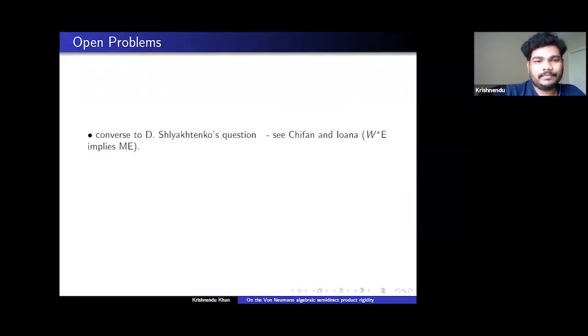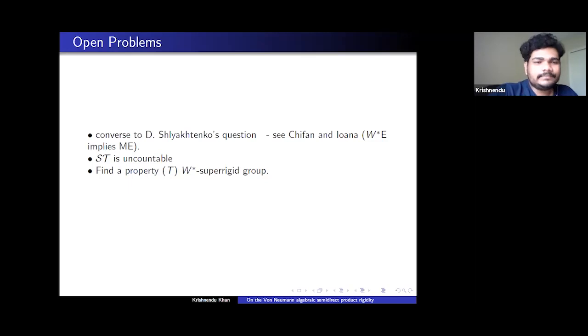The first open problem that we're going to pose is the converse to Dimitri's rectangle question, that W-star equivalence implies measure equivalence. That question was in the paper of Kifan and Yona, where they gave a counterexample to Dimitri's rectangle question. And then the next question is whether this class ST is uncountable.